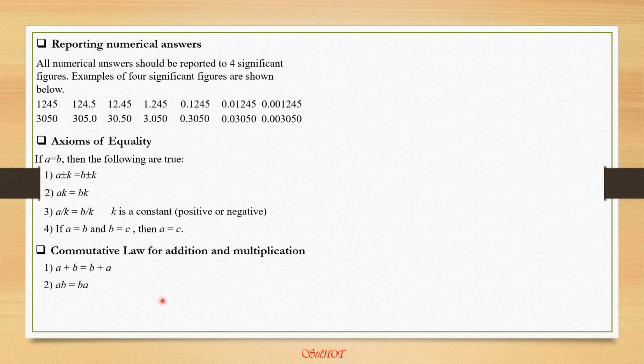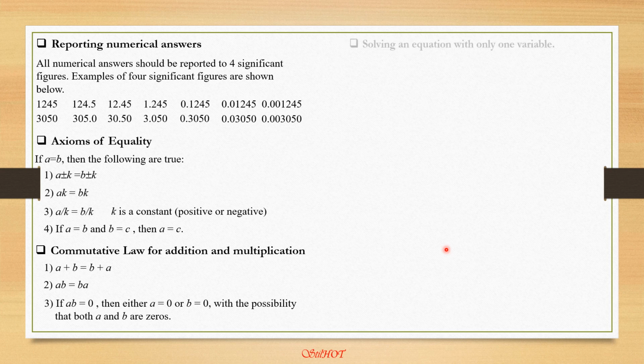Then, of course, if AB is equal to 0, then either A is equal to 0 or B is equal to 0, with the possibility that both A and B are equal to 0. Although this is not part of the commutative law, it is also a good reminder because there is a big possibility that you will encounter that situation.